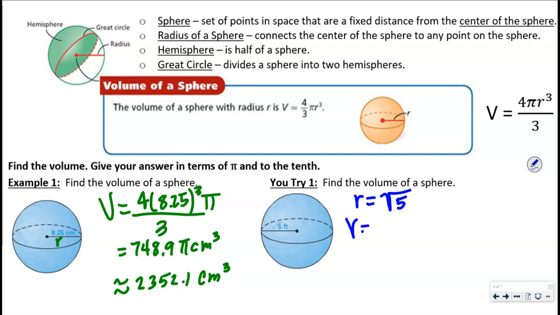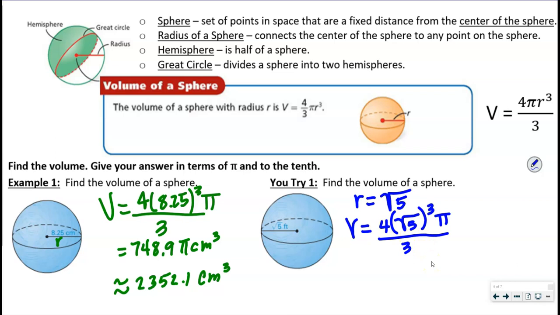So our volume is equal to 4 times the square root of 5 cubed times our pi divided by 3. And you can take the square root of 5 and put it right in your calculator and then cube it, okay? Take it to the 3rd power, multiply that times 4, and divide all that by 3.